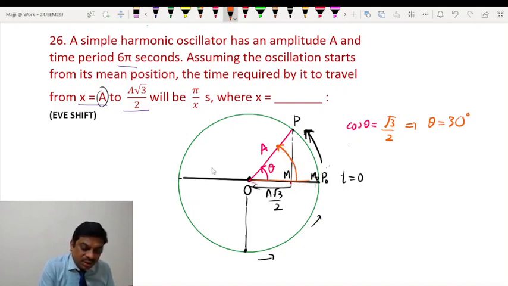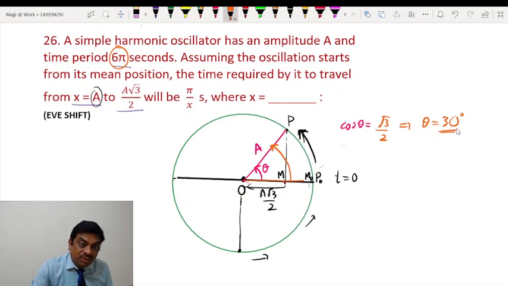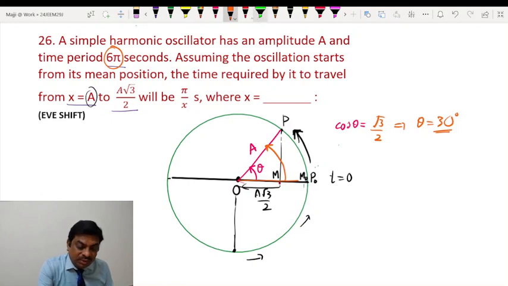And as you know, in order to rotate completely by 360 degrees, the time required is the period of oscillation, which is 6 seconds. So in order to rotate by 30 degrees, we can simply apply the unitary method, because after all, the reference particle is undergoing uniform circular motion.